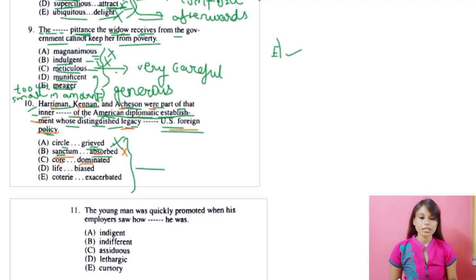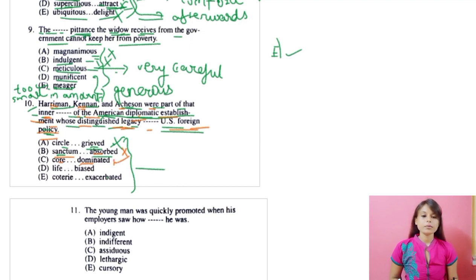Let us check number C whether it is going or not. Core and dominated. Harriman, Kennan and Acheson were part of that inner core of the American diplomatic establishment whose distinguished legacy dominated the US foreign policy. Yes, this can go. It's making sense.